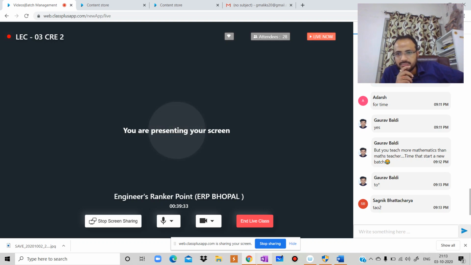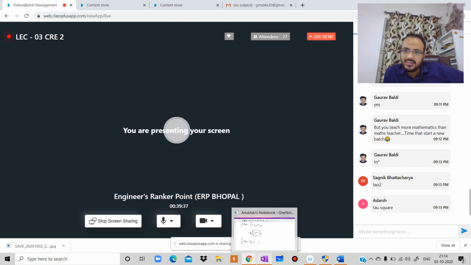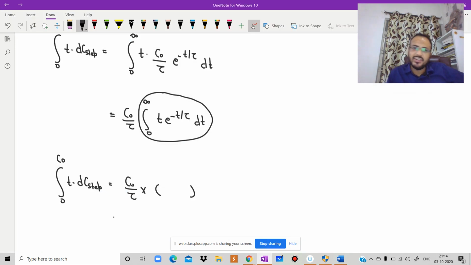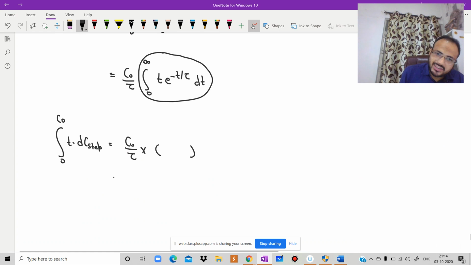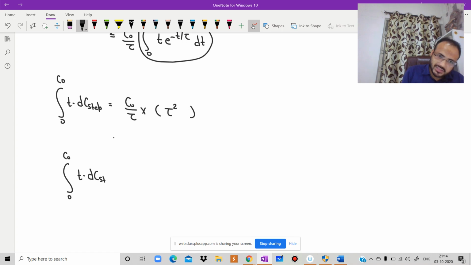Very good, tau square. Very good Sagnik. Very good others. We have intelligent students. So you will get tau square. Is it clear? So you will get the integral from 0 to C naught of t into dC step equal to tau.